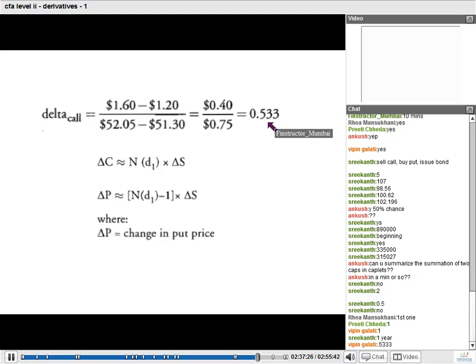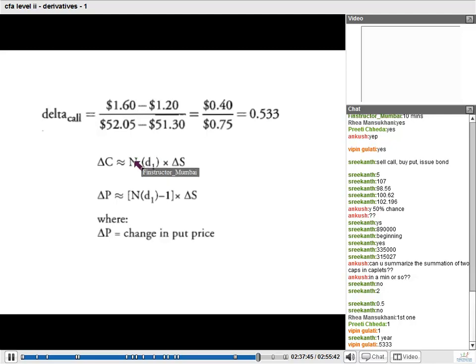That means for a 1 unit change in the price of the underlying stock, the price of the option will change by 0.533.